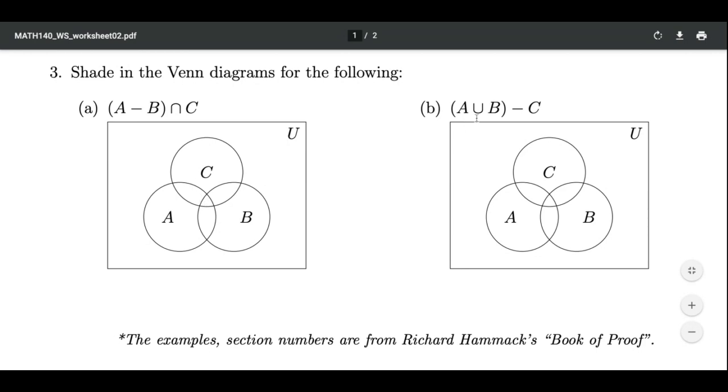Okay, let's see B. A union B. A union B are those two circles. Then subtract C. That means the elements in A union B, but not in C. Right? Not in C. So follow my pointer. So at this, and this.